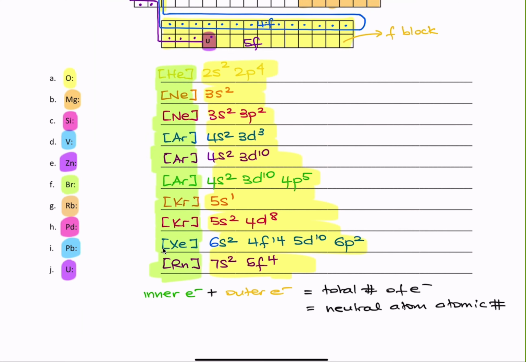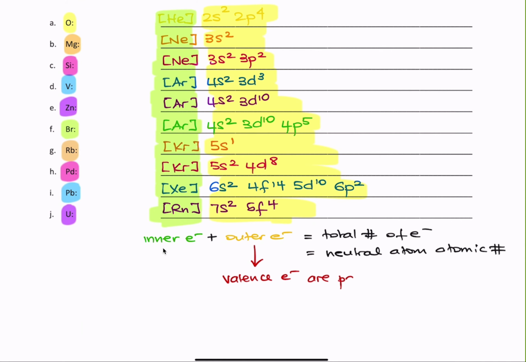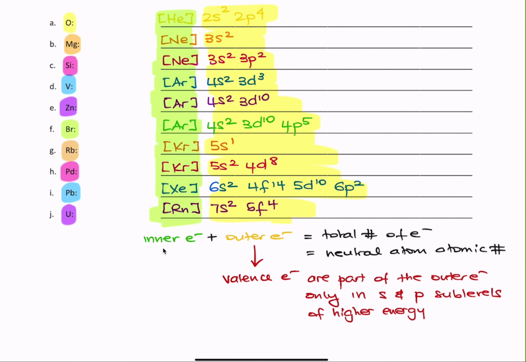Among the outer electrons, you will find the valence electrons. Remember that the valence electrons are part of the outer electrons and are only in the S and P sublevels of the higher energy level.